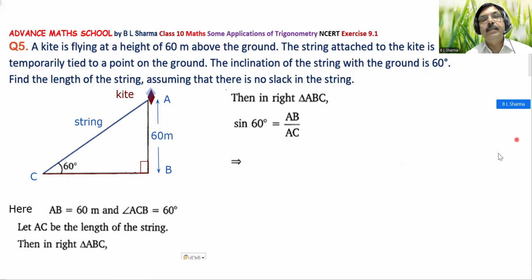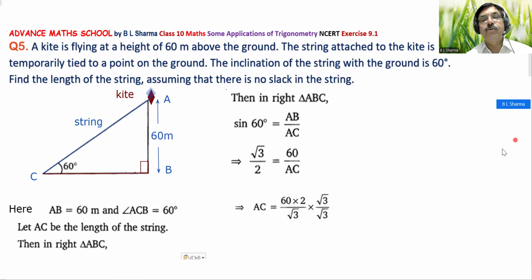Sine 60 degree is root 3 by 2, that is AB as it is, AB 60 and AC as it is. AC is the length of the string. So on cross multiplication, AC is equal to 60 into 2 upon root 3. Now rationalize the denominator. Multiply and divide by root 3. Numerator and denominator multiply by root 3.